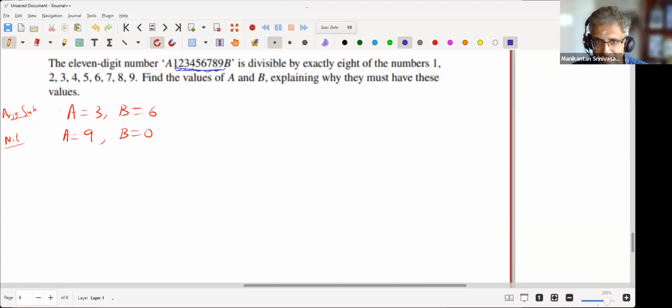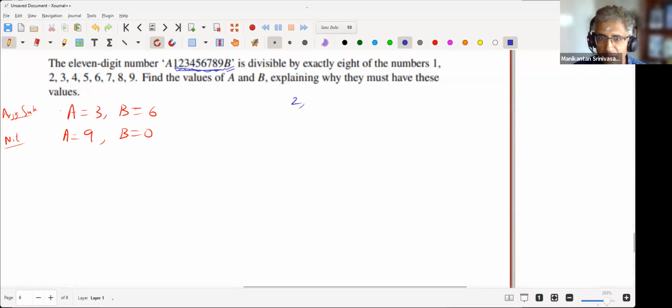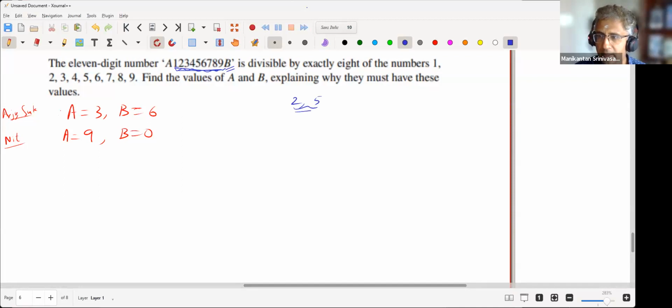Then you're saying it's divisible by 8 of these numbers, which means only one number between 1 and 9 is not a divisor. So for it to be divisible by both 2 and 5, the last digit must be 0. And after that, I lost you. So why must A be 9? That part I didn't understand.